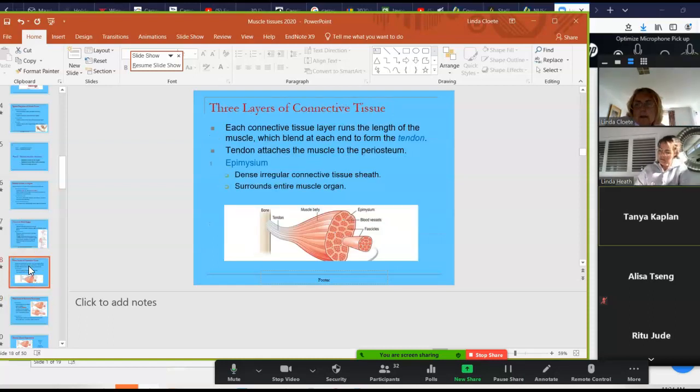You need to understand the difference between things like epimysium, perimysium, fascicle, endomysium, all those sort of things.